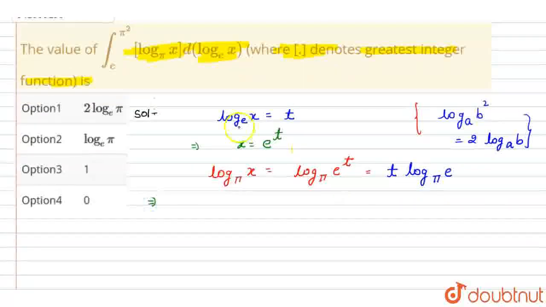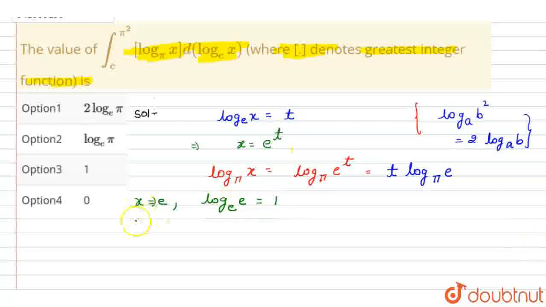Now since we let this function as t, we can change the limits also. We put x is equal to e, and we get log base e e. We know that if these two are the same in log, this value is equal to 1.